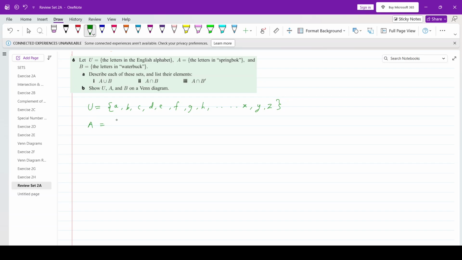Set A is the letters in the word Springbok.